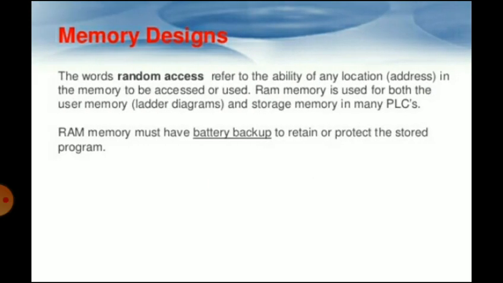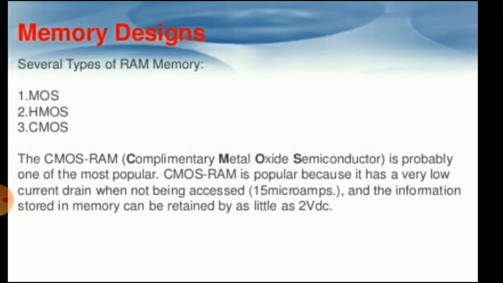The word random access refers to the ability of any location or address in the memory to be accessed or used. So RAM is used for both the user memory, that is ladder diagrams, and storage memory in many PLCs.